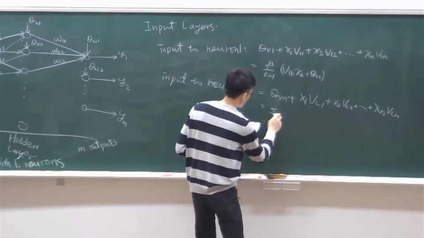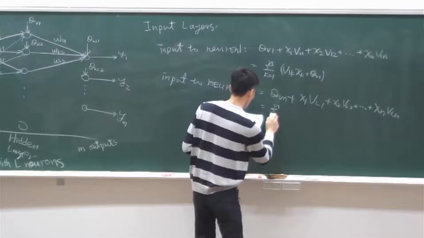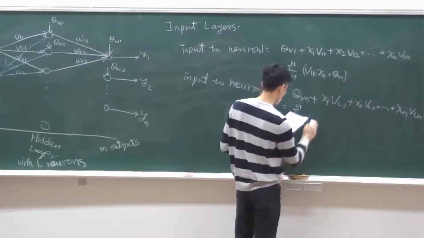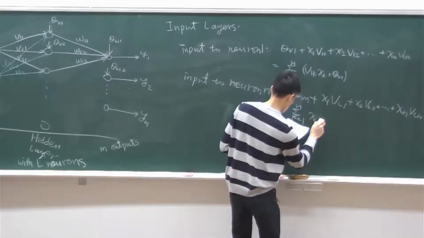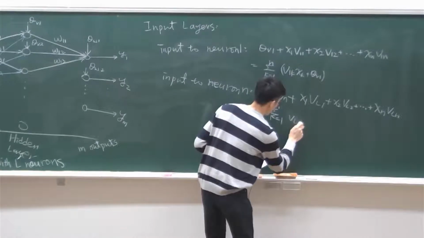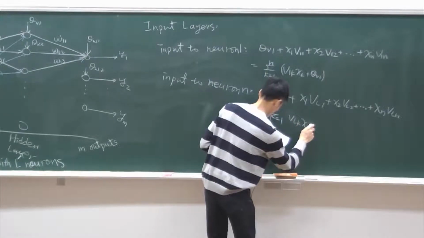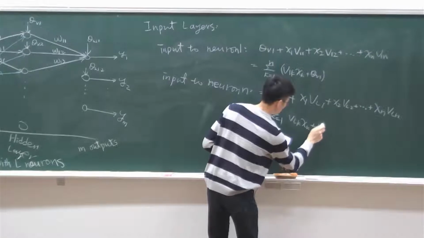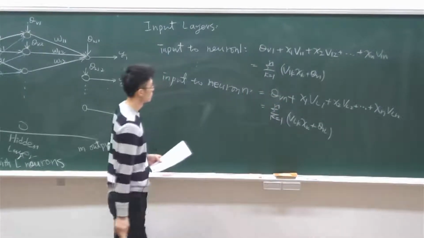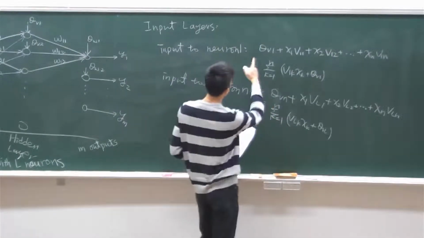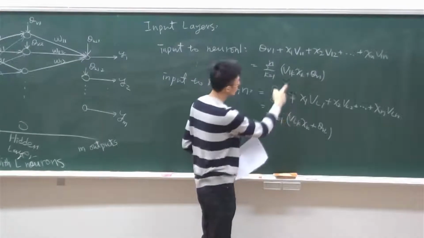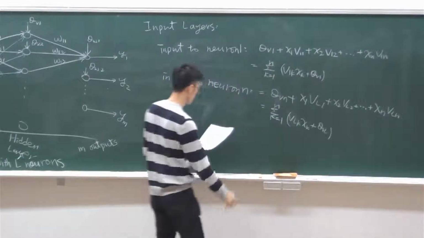Again, it can be condensed down to this form, with theta VL. The only difference compared to neuron 1 is the subindex: here it is 1, here it is L.